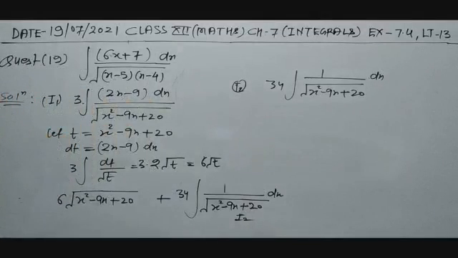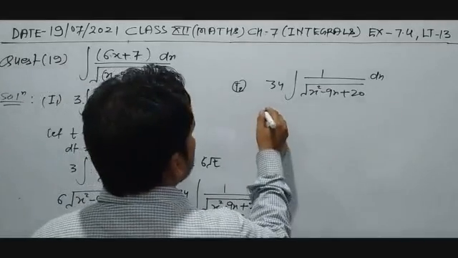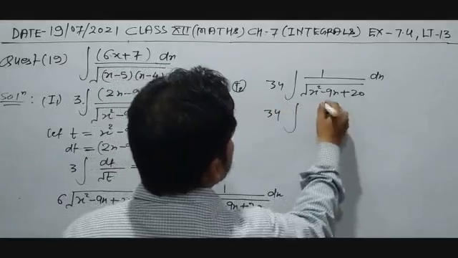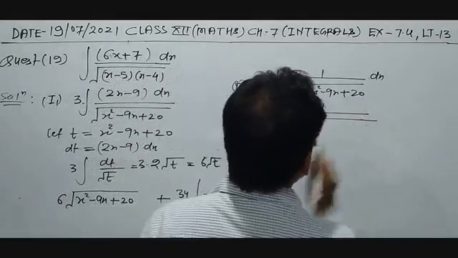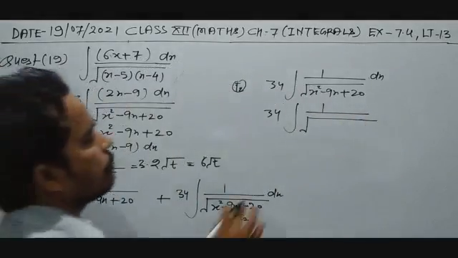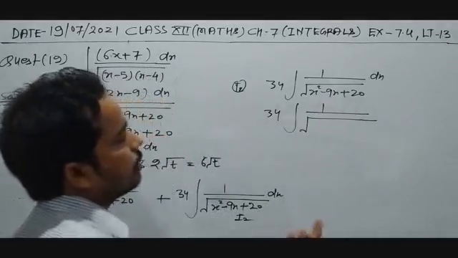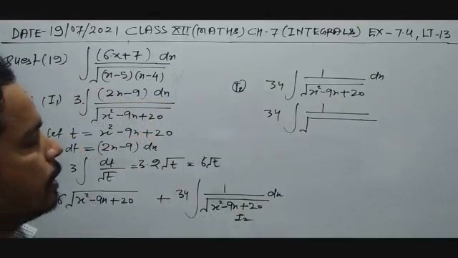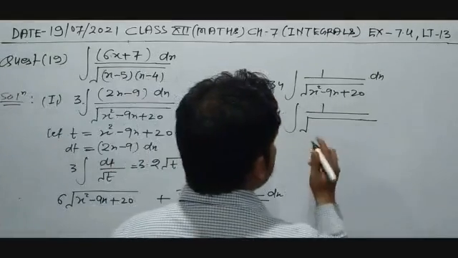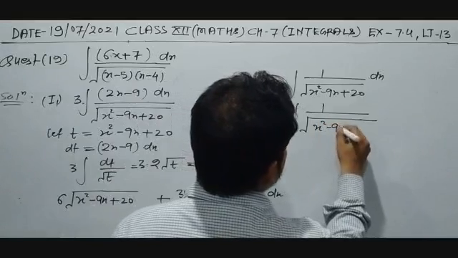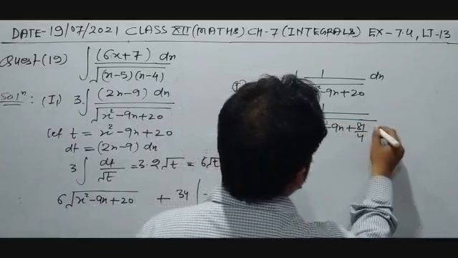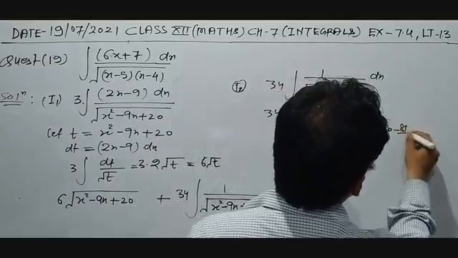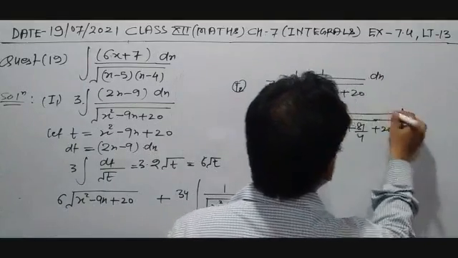First of all we have to convert it into complete square format. The coefficient of x is 9, and half of 9 is 9/2, and its square is 81/4. So x² − 9x + 81/4 + 20 − 81/4, and dx.